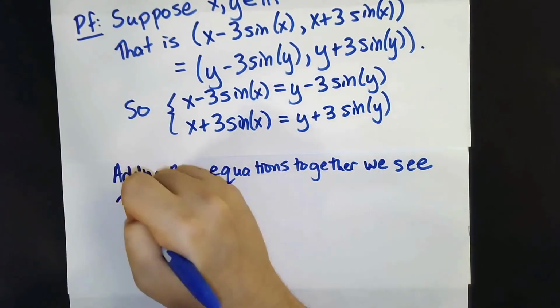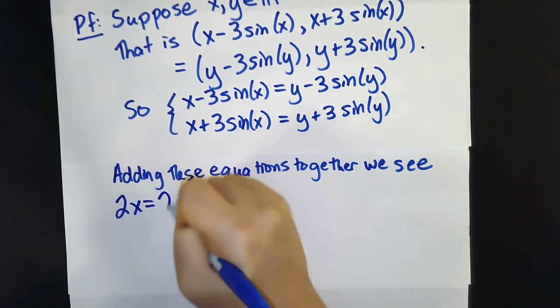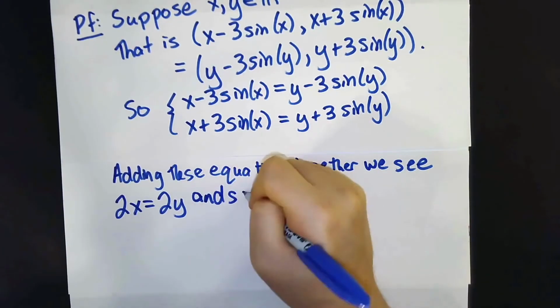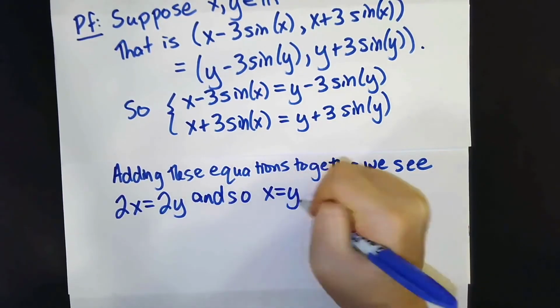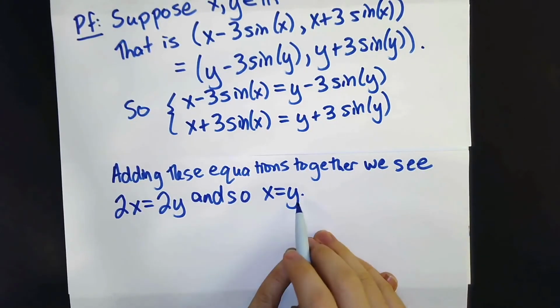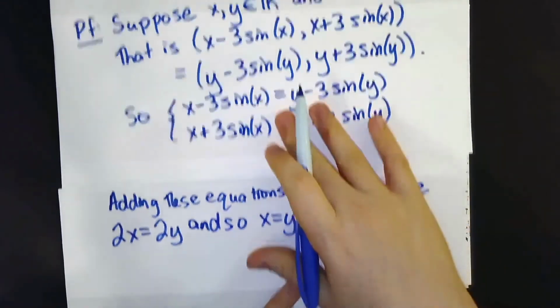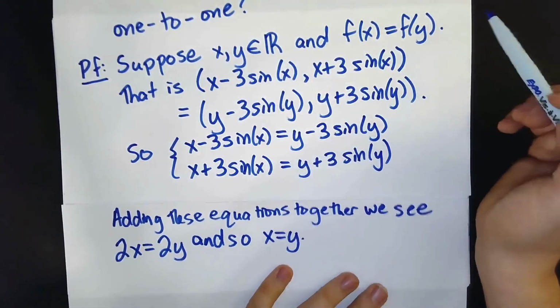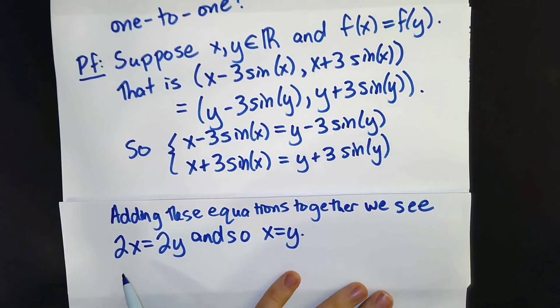And so in fact, all we're left with is 2x is equal to 2y. And so that gives us x is equal to y. And in this instance, we happen to have shown the function's one-to-one, right? We supposed we had two inputs that mapped to the same output, and we actually ended up showing, hey, those were the same input. Ta-da!